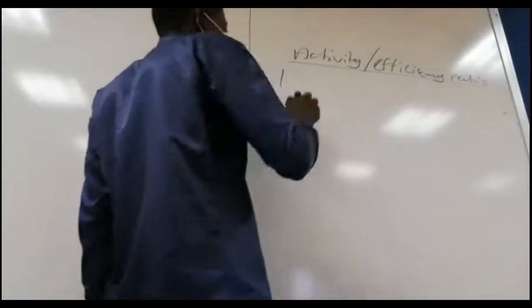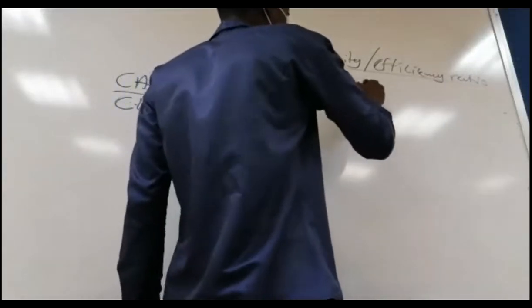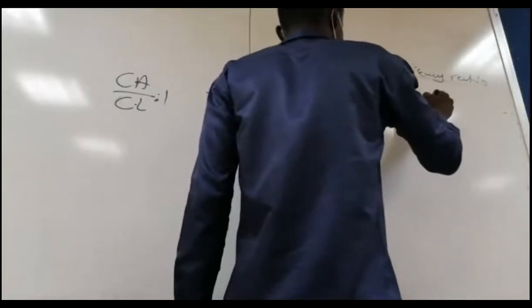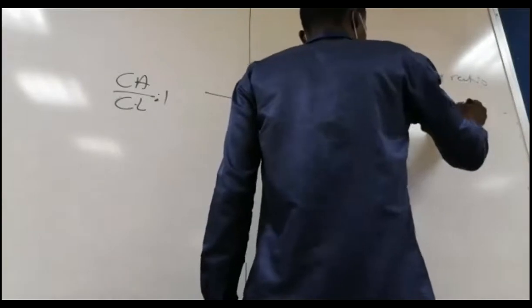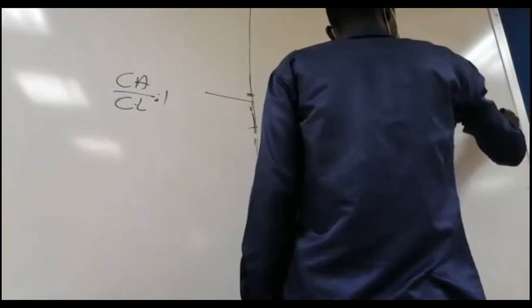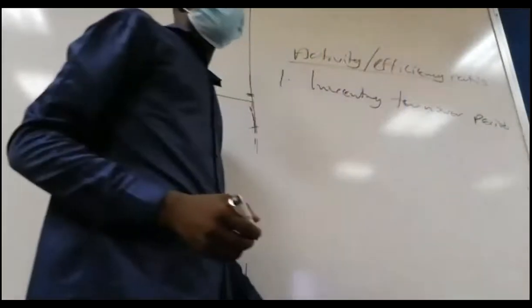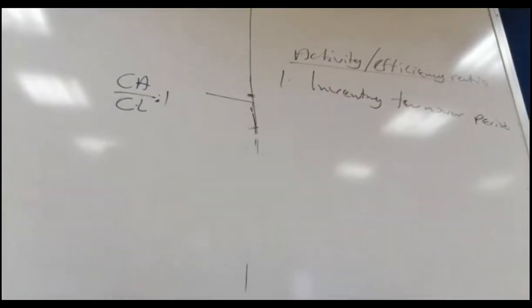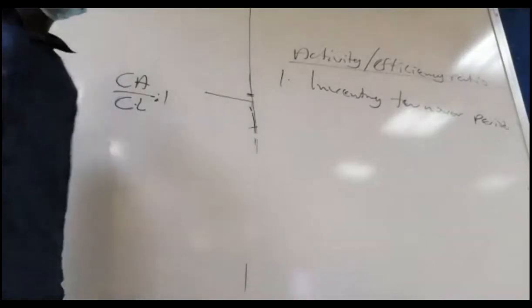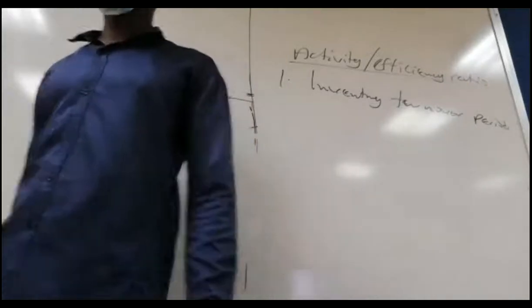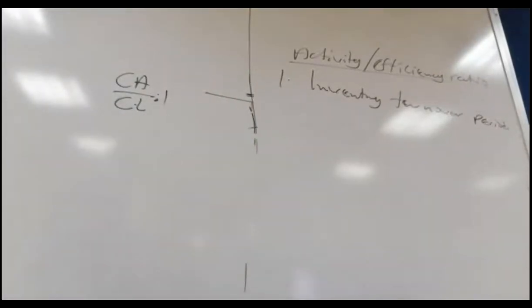One, you have inventory turnover. Inventory turnover period, or just inventory turnover. Now, this one explains how long it takes you to sell your goods after purchases.